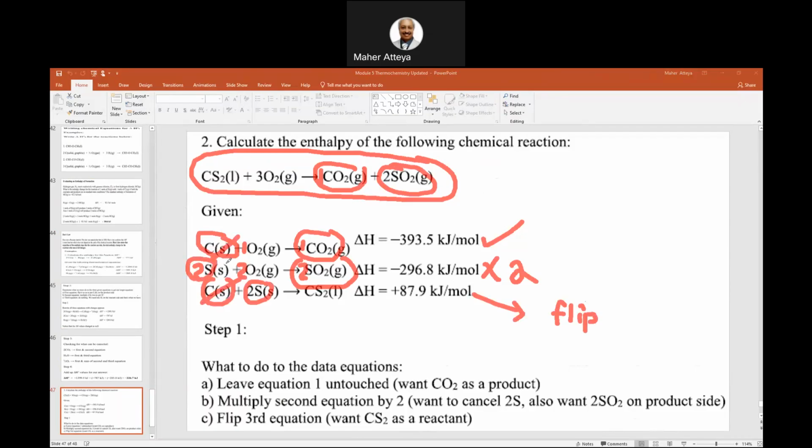So I have to flip number 3. When I flip this one, it will come to be negative 87.9. So it's negative. Everybody following what I did? So I kept the first one as is. The second one I multiplied by 2. Then the other one, flip it.